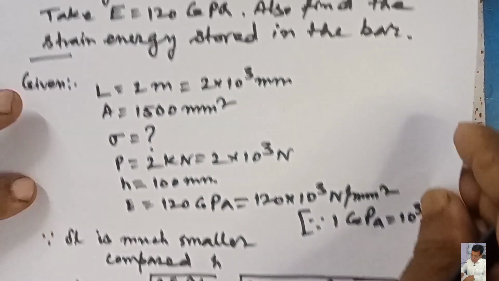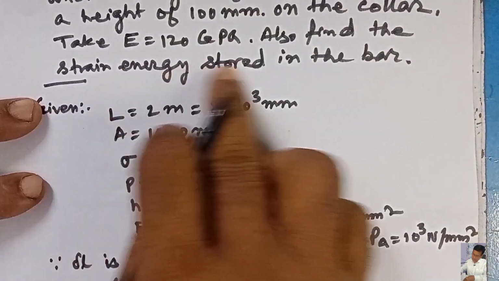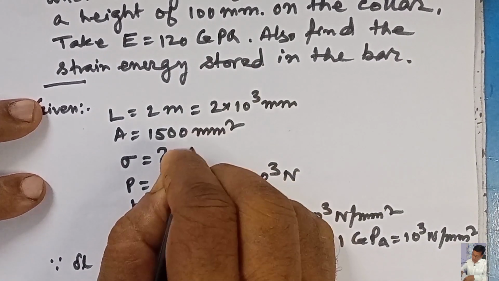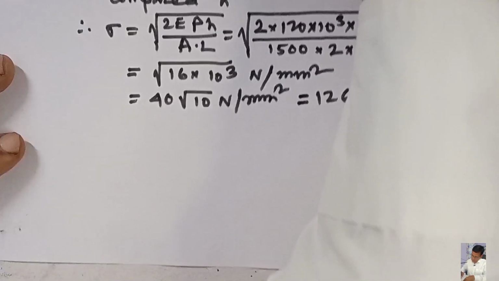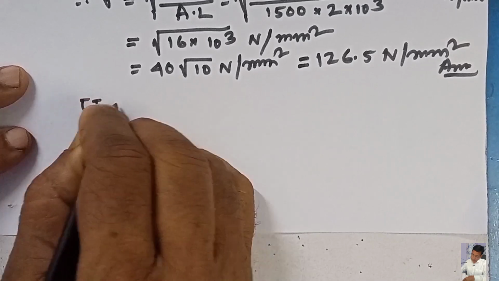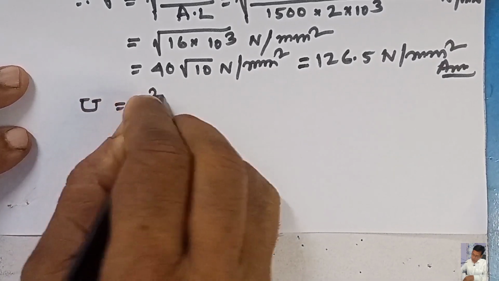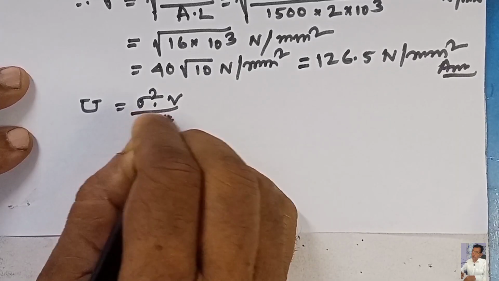Again, also find out the strain energy stored in the bar. So U we have to find out. U is equal to sigma square into V divided by 2E.